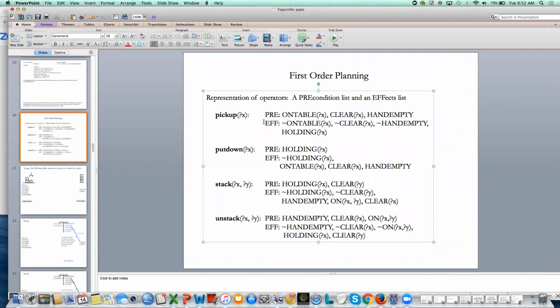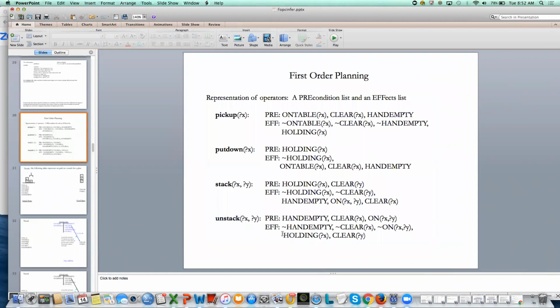There are a number of operators here, such as putting down a block, again, on a table. What's interesting about this, at least in part, is the way these operators have been engineered. There's a difference between picking something up from a table and picking something up from another block. That has to do with the effects and how you represent these operators.